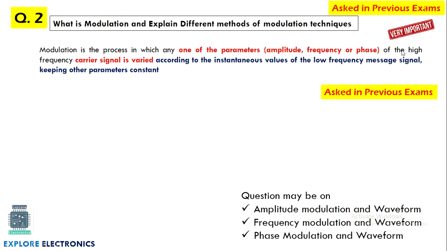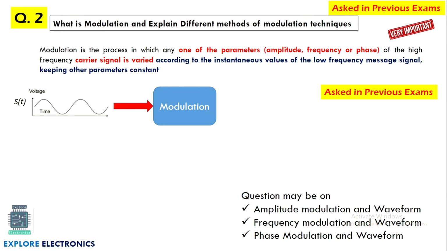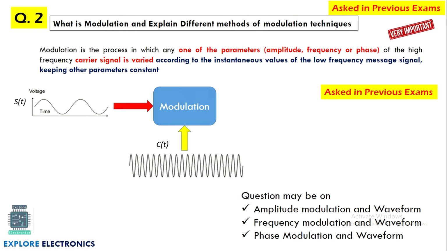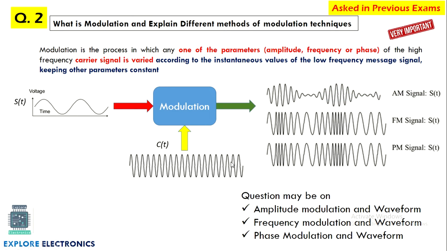The next question is, what is modulation? And explain the different methods of modulation techniques. So modulation, as you know, which I have explained in my video in detail, requires a message signal and a high frequency carrier, and we get the modulated signal, if we use AM like this, if we use frequency modulation like this, if we use phase modulation like this.